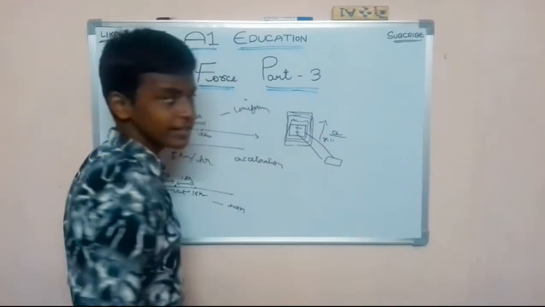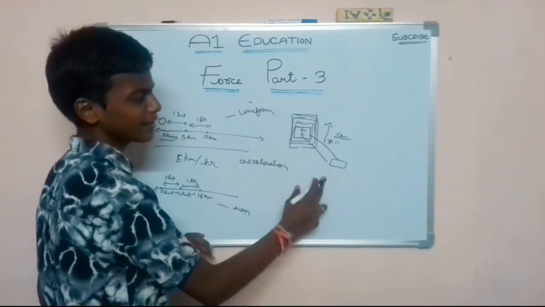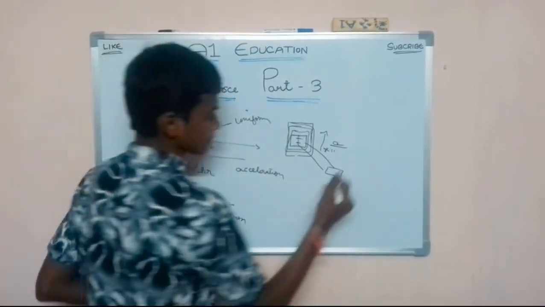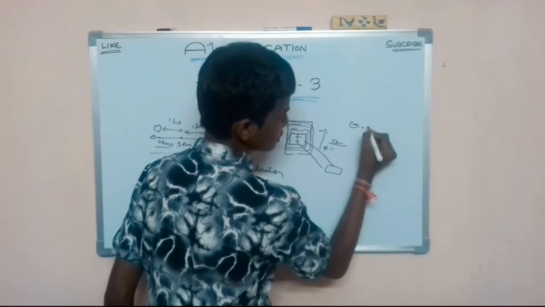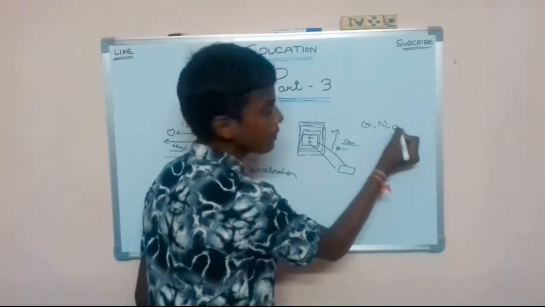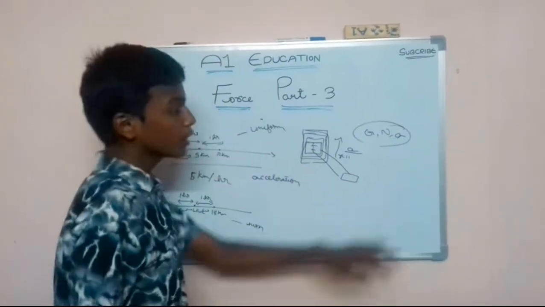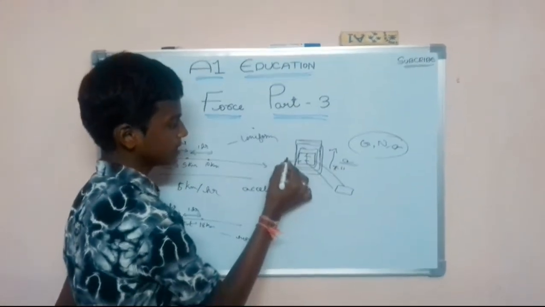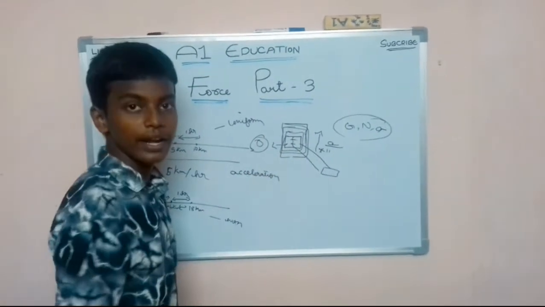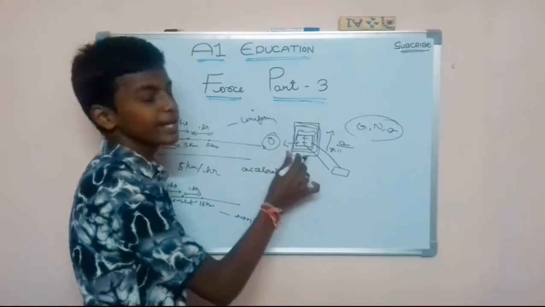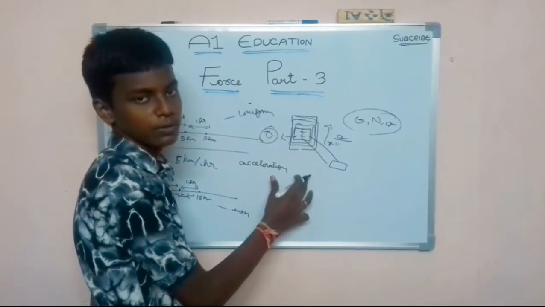So how do we calculate this net force? How many forces are acting on this brick? 3 forces: gravitational force, normal force and accelerating force. Now, does this brick have a net force of 0?